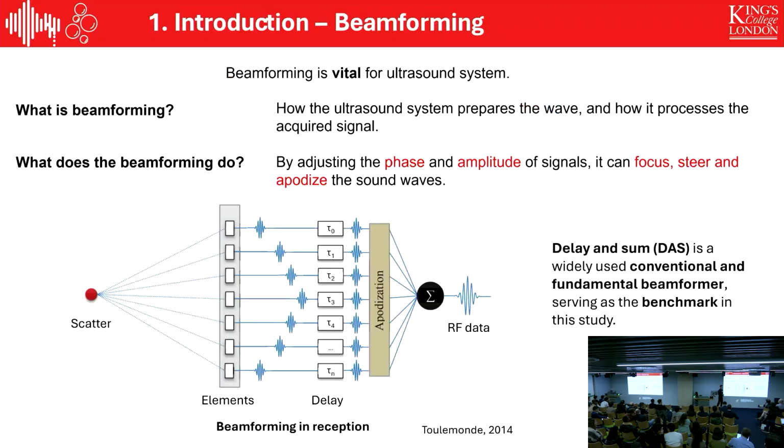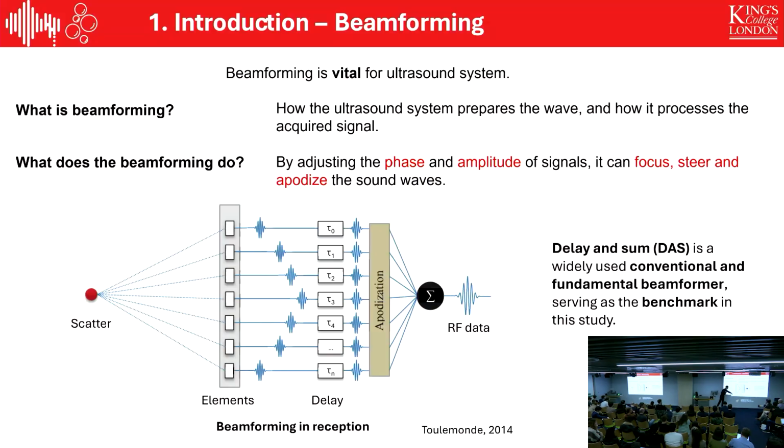This slide is about beamforming. In ultrasound, beamforming is quite vital because beamforming is about how the ultrasound system prepares the sound wave and how it processes the acquired signal. The beamforming can adjust the phase and amplitude of signals, and it can focus, steer, and apodize the ultrasound waves.